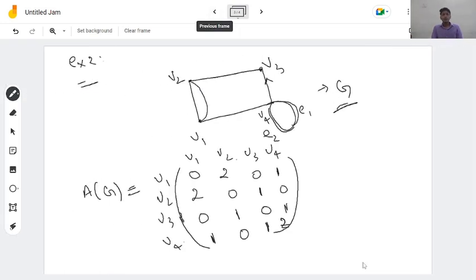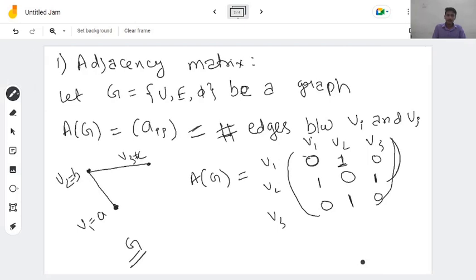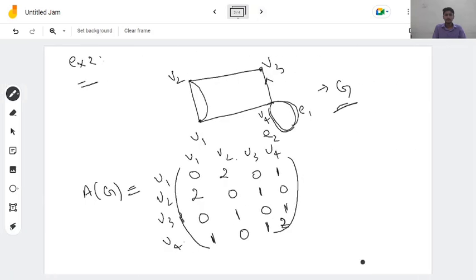So observe one thing, that this adjacency matrix is a symmetric matrix. You can observe from here that this will be a symmetric matrix. And why will it be a symmetric matrix? Because if there is an edge between V1 and V2, then there is an edge between V2 and V1 also.